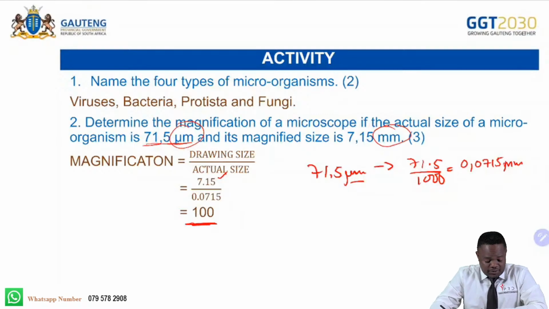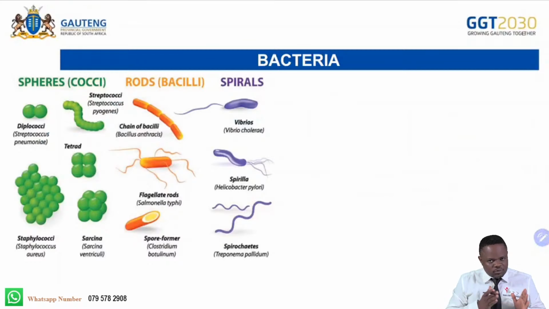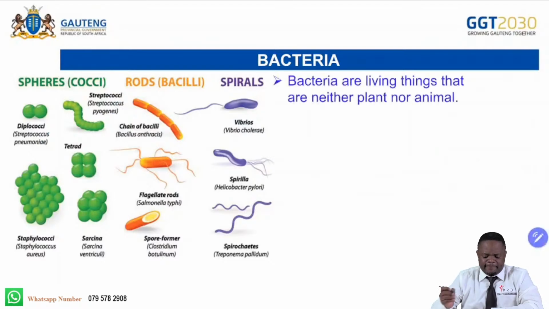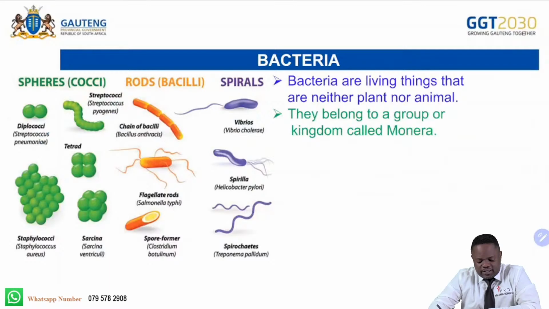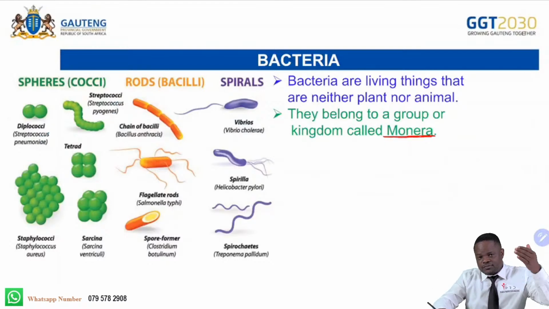Right. Now let us proceed with our lesson. So now we want to look at our microorganisms one by one. So let's start with our bacteria. Okay, we can see there in our image, we have different types of our bacteria, right? We're saying these are organisms that are neither plant nor animal, right? And they belong to a kingdom that we called Monera. Remember, we started with the classification.